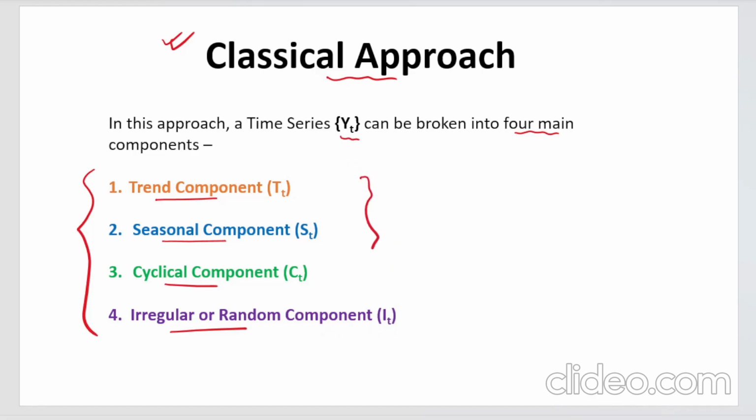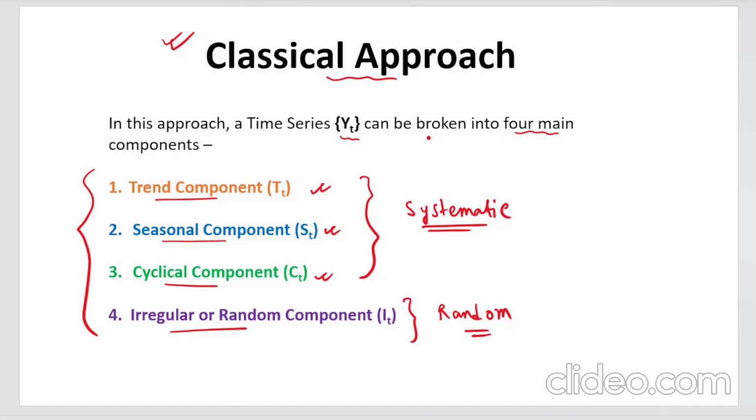Now, these first three components are also called the systematic components of a time series because they can be estimated. These three components can be estimated exactly if you have the available data with you. But this fourth component, the irregular component or the random component, is, as the name suggests, the random part.